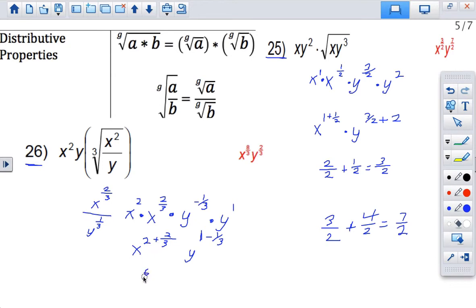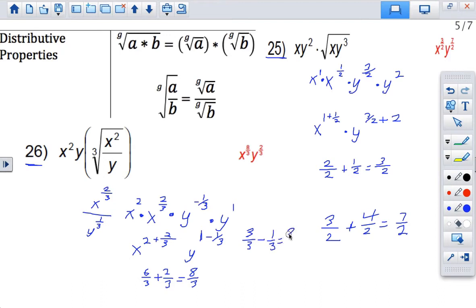The 2 becomes 6 over 3, and then plus 2/3 allows you to get 8/3. That gives you 8/3, so that's how they got the exponent 8 over 3 from right here. Okay, and then for the y, 1 minus 1/3 is just going to be 2/3. Your 1 becomes 3 over 3 minus 1/3 gives you 2/3.